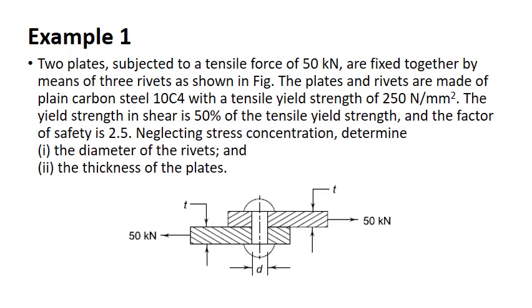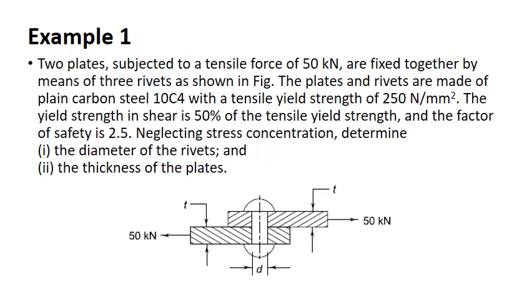The plates are, of course, subjected to tensile loading, so you can make use of the tensile stress formula, sigma is equal to P by A, to determine the thickness. What about the rivet? The rivet is subjected to shear loading, so you have to make use of the shear stress formula, tau is equal to P by A.